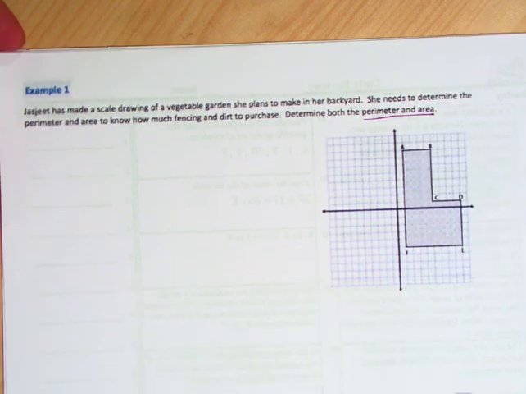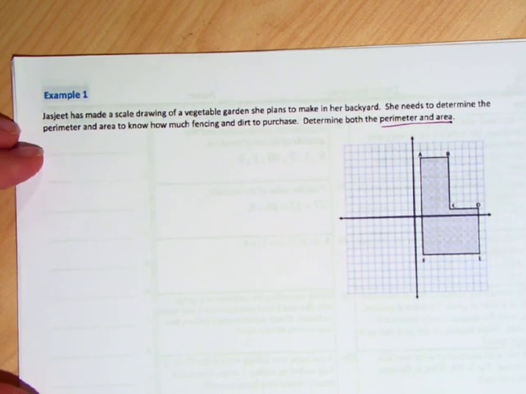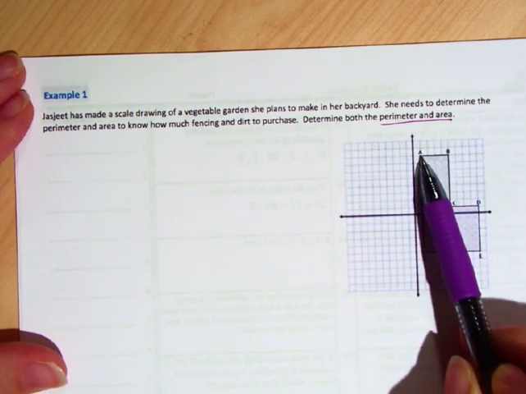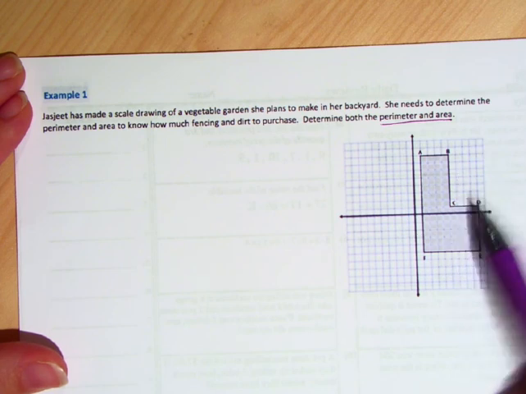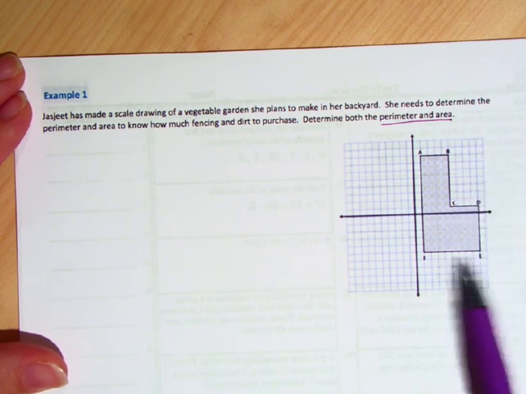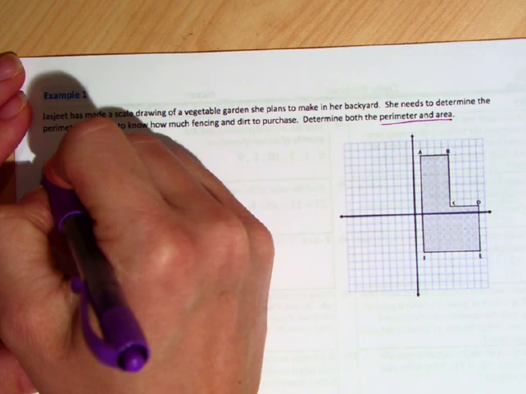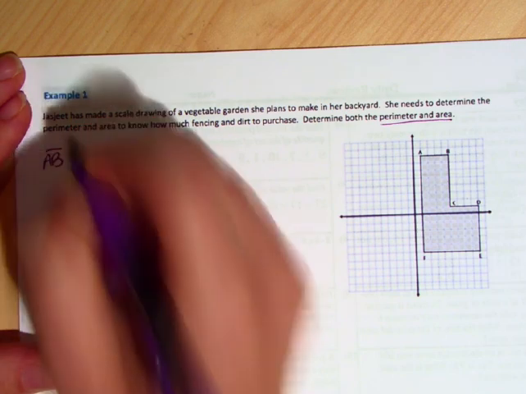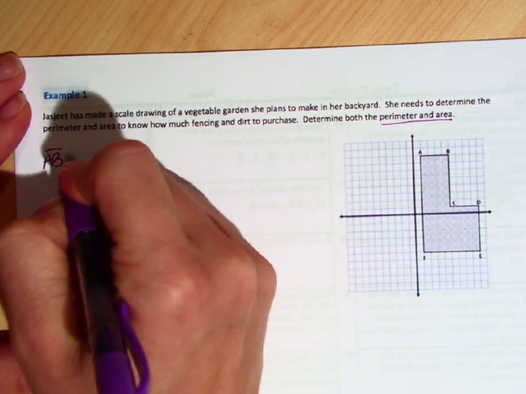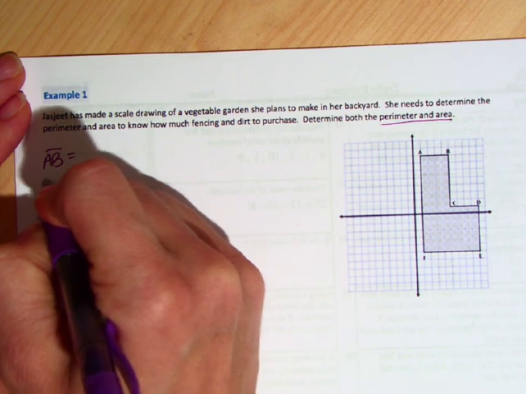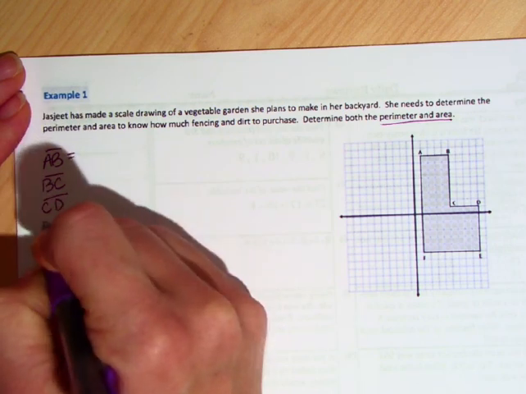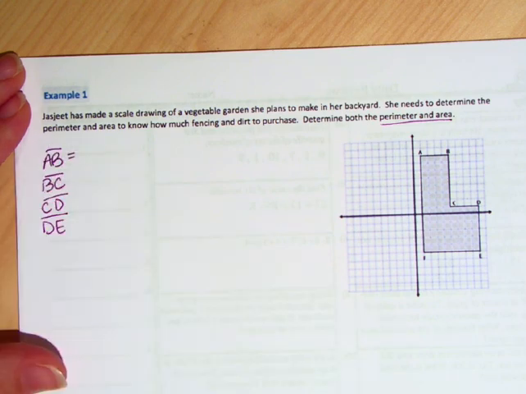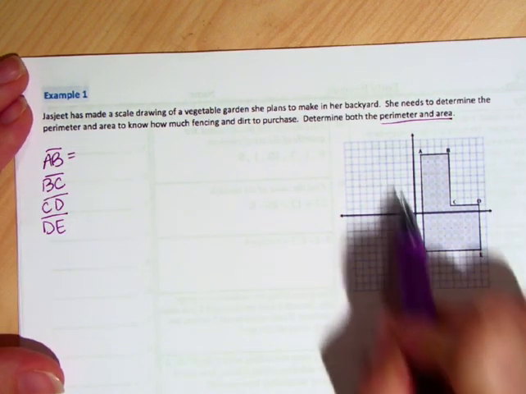I'll help you out. First, let's make ourselves a little key so that we have what we need. These are line segments, AB, BC, CD, DE, and so on, all the way across. So I'm going to make my list over here. Line segment AB equals, line segment BC, CD, DE, and I'm going to keep going until I've gone all the way around my shape.